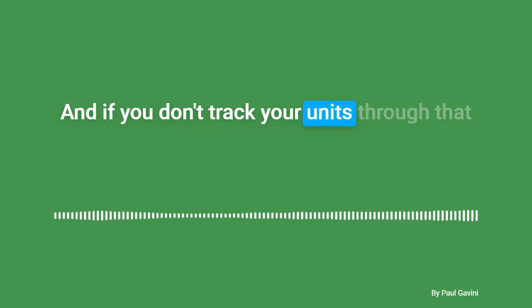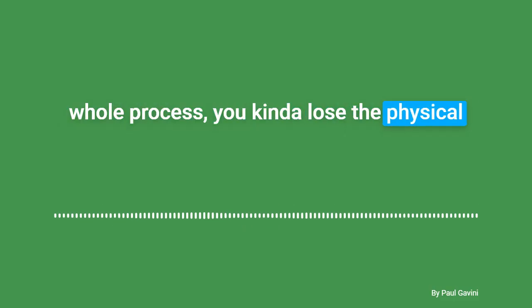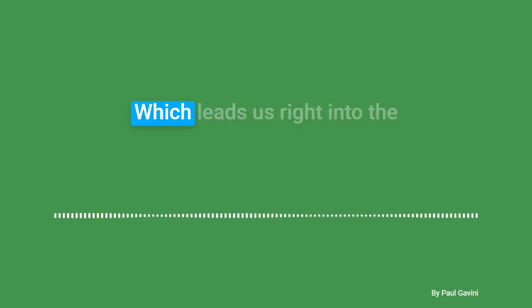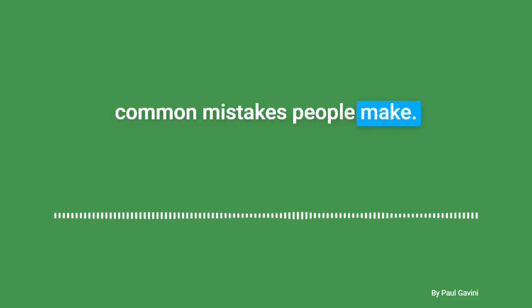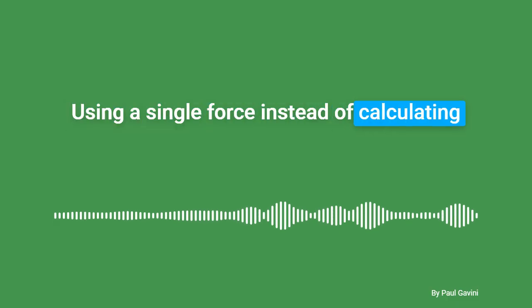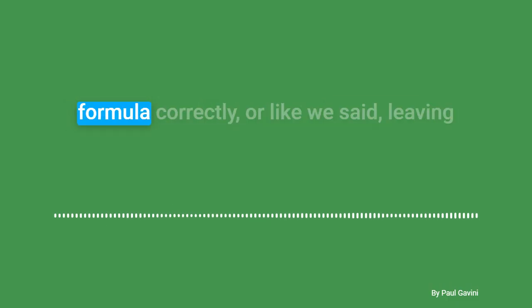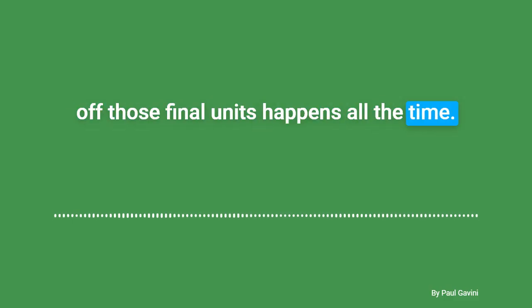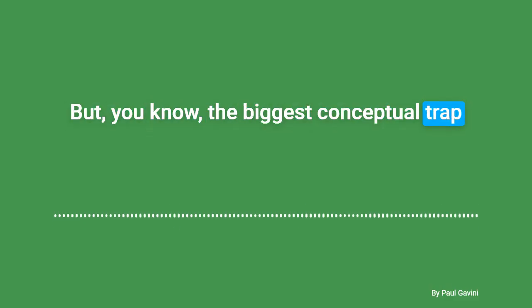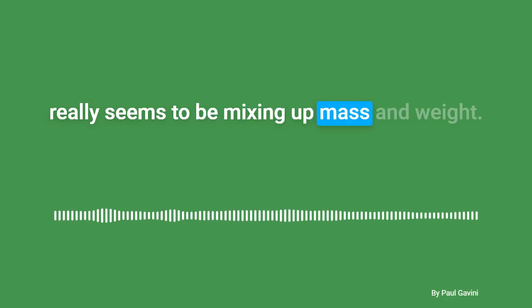And if you don't track your units through that whole process, you kind of lose the physical reality of what you're even measuring. Which leads us right into the common mistakes people make. Using a single force instead of calculating the net force first is a huge one. Oh, yeah. And forgetting to rearrange the formula correctly, or like we said, leaving off those final units happens all the time. But the biggest conceptual trap really seems to be mixing up mass and weight.